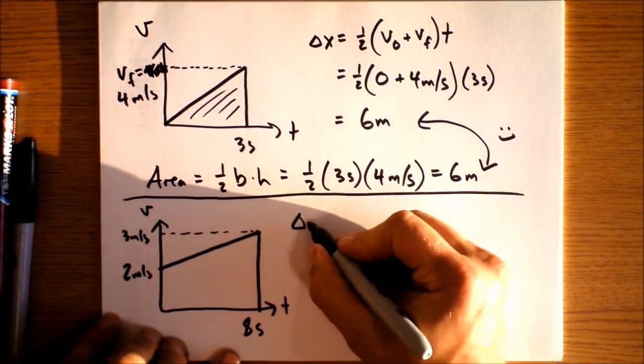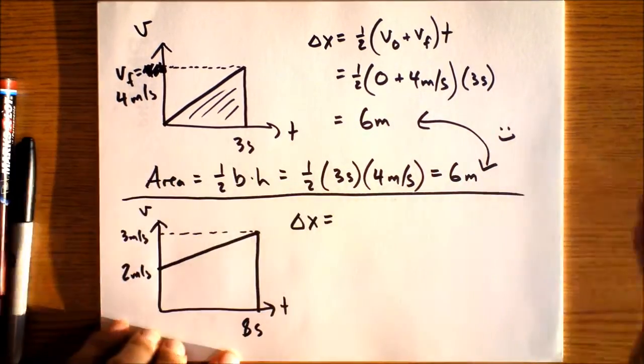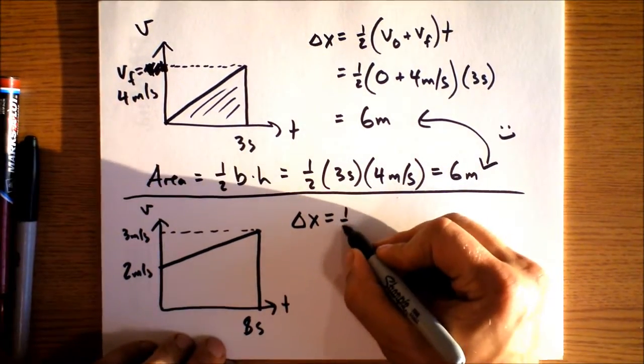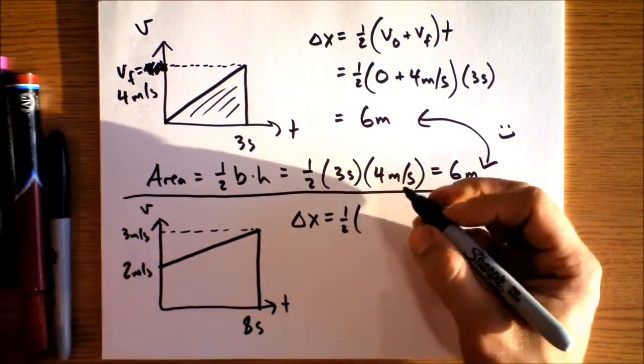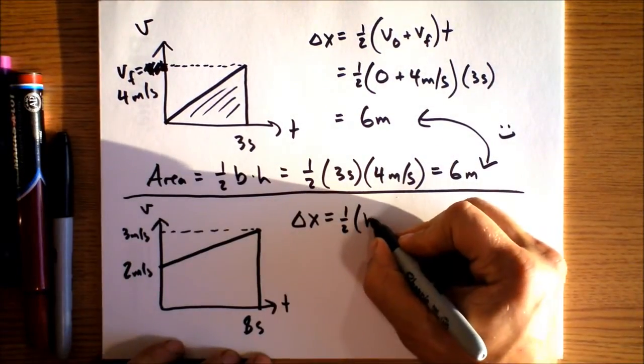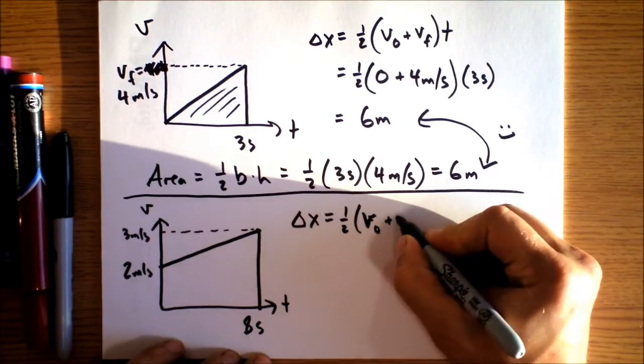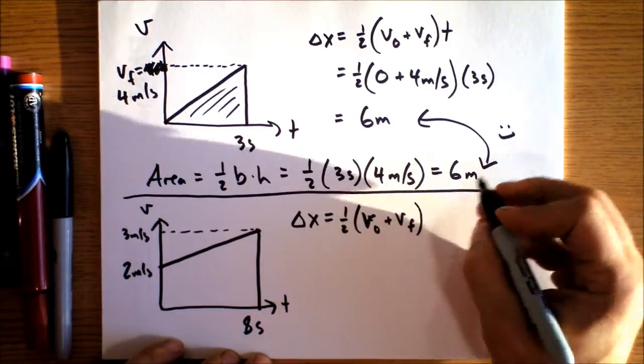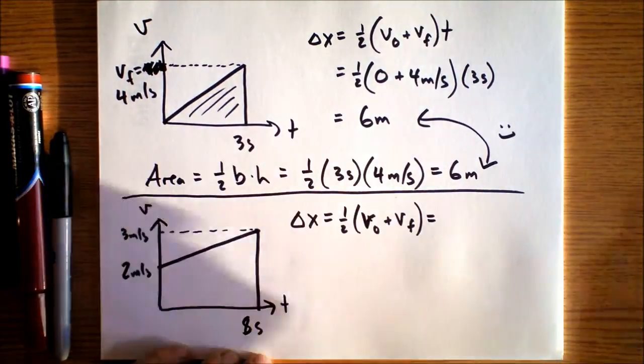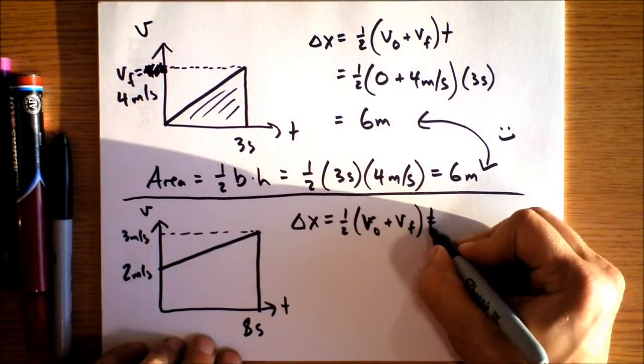So if we're trying to find delta x, again, we know that delta x is 1/2 times the initial velocity plus final velocity, times time, of course.